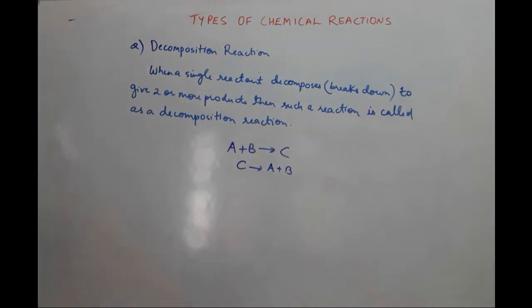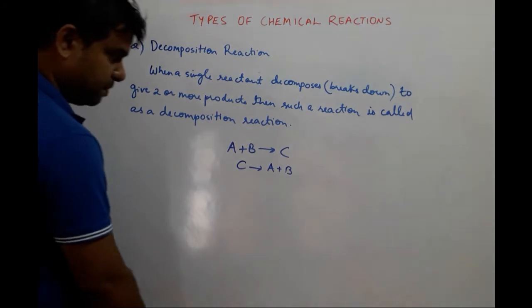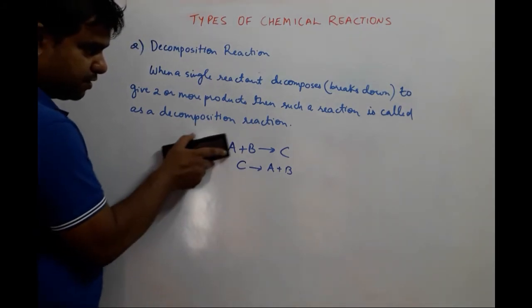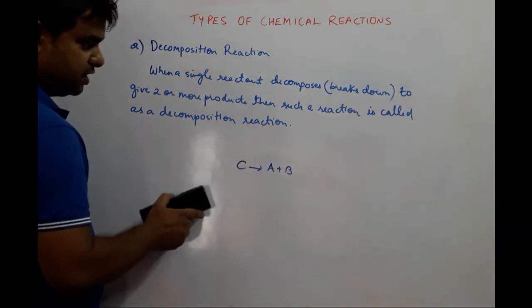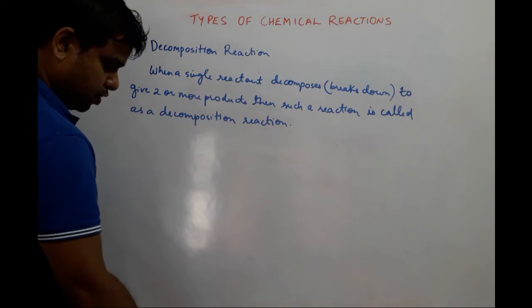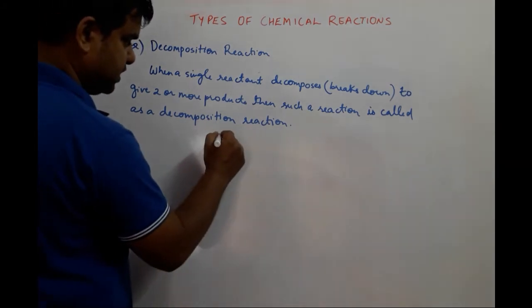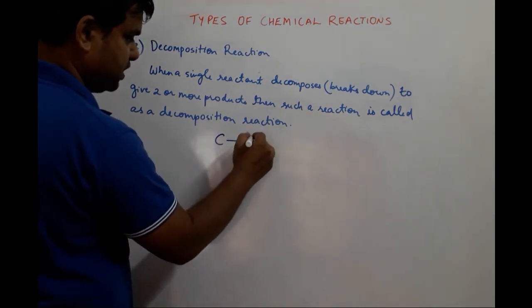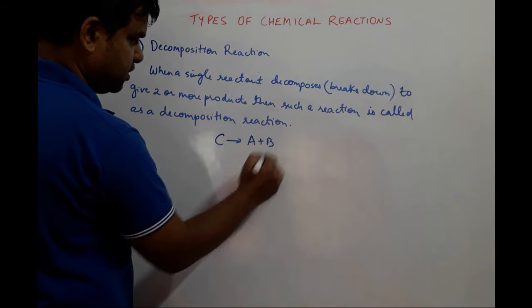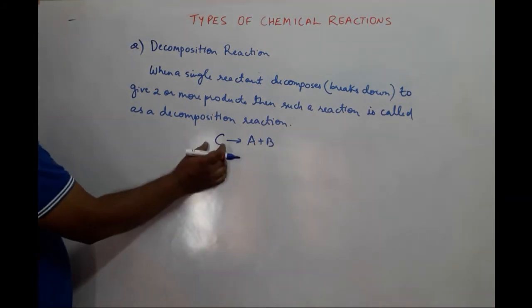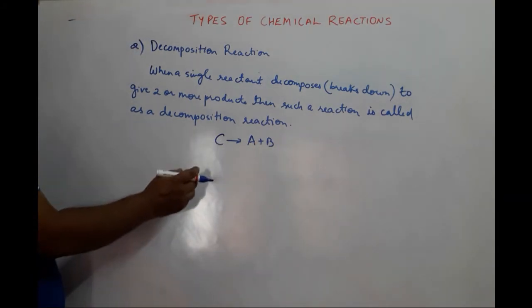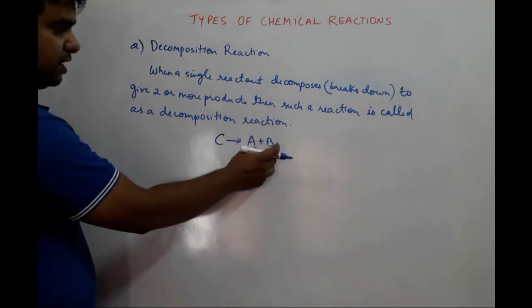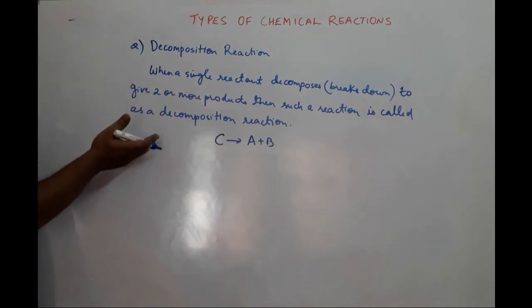So decomposition in many ways can be considered as being opposite to a combination reaction, in which one particular reactant breaks down to give us two or more products. We can take this as C, which breaks down to give us A plus B. But remember, I just gave C breaking down to A plus B as an example to relate to the combination reaction.